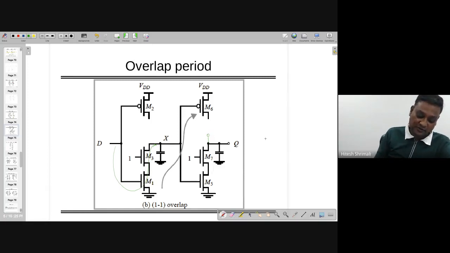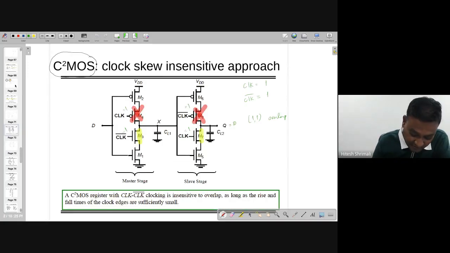So even if there is overlap, now we can make this conclusion that the C-square MOS register with clock and clock bar clocking scheme is insensitive to overlap, as long as, look at this, this is a very important thing, the rise time and fall time of the clock edges are sufficiently small.